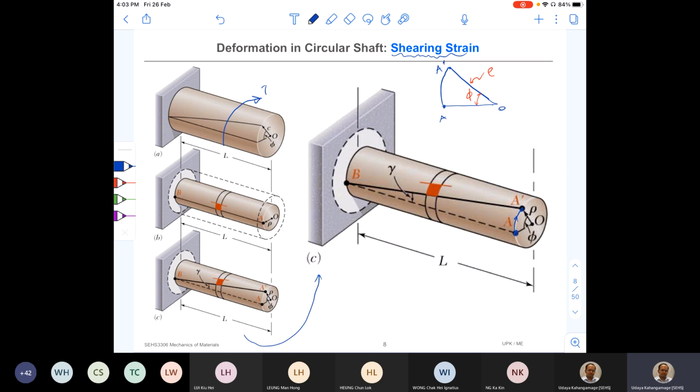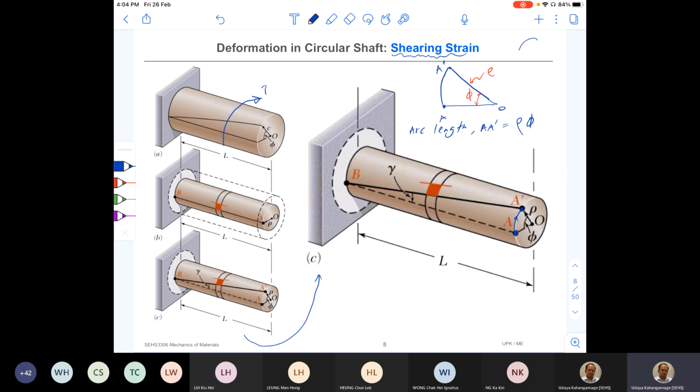So then what is the arc length? Arc length A prime is equal to what? Rho phi. You understand that? You know that, right?